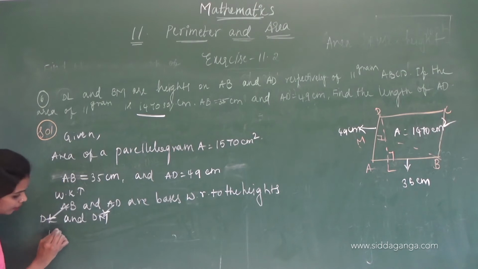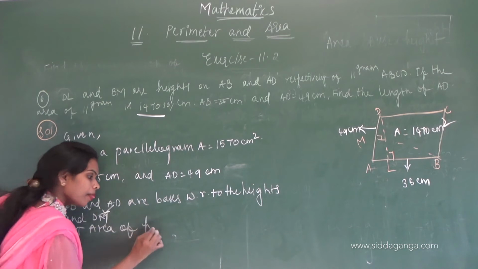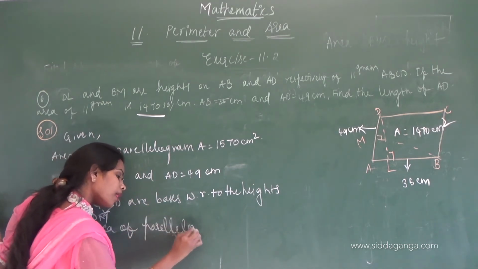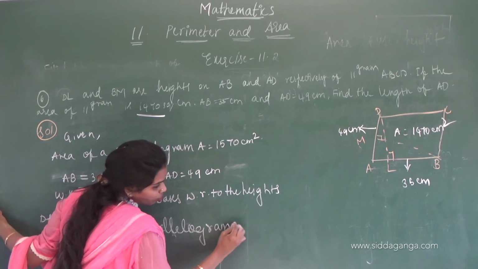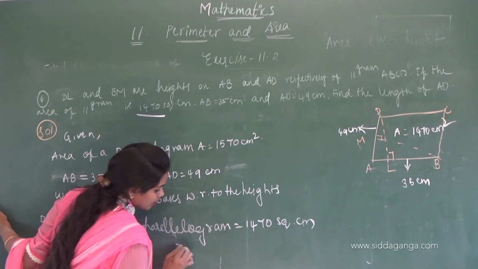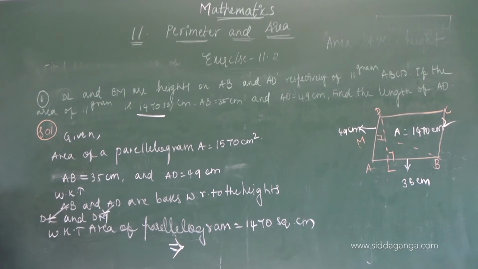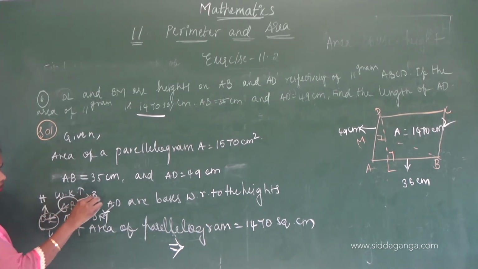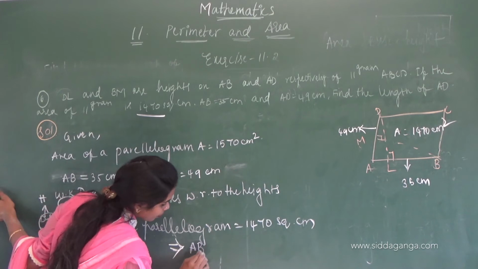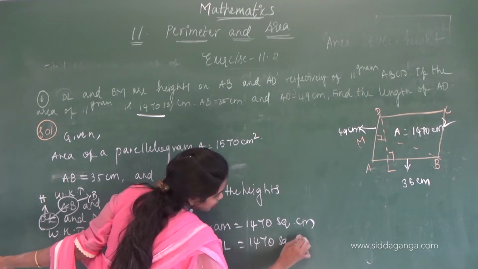We know that area of parallelogram equals to 1470 square centimeters. What is the base? AB into DL. This one will be the height and this one will be the base. AB into DL equals to 1470 square centimeters.